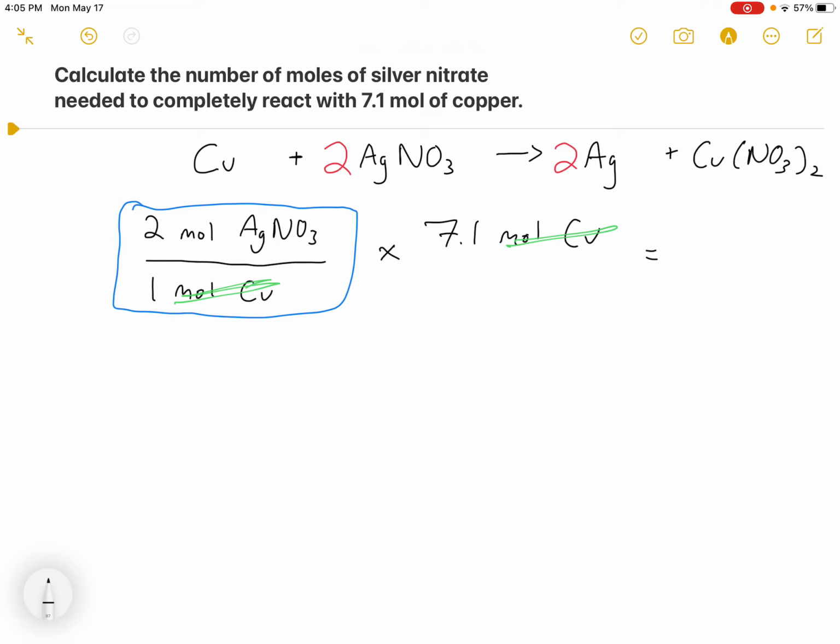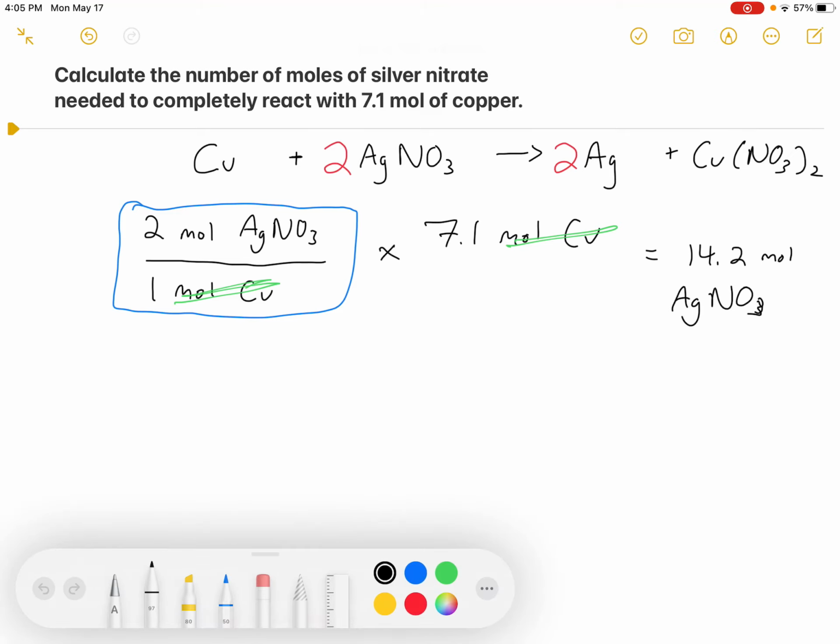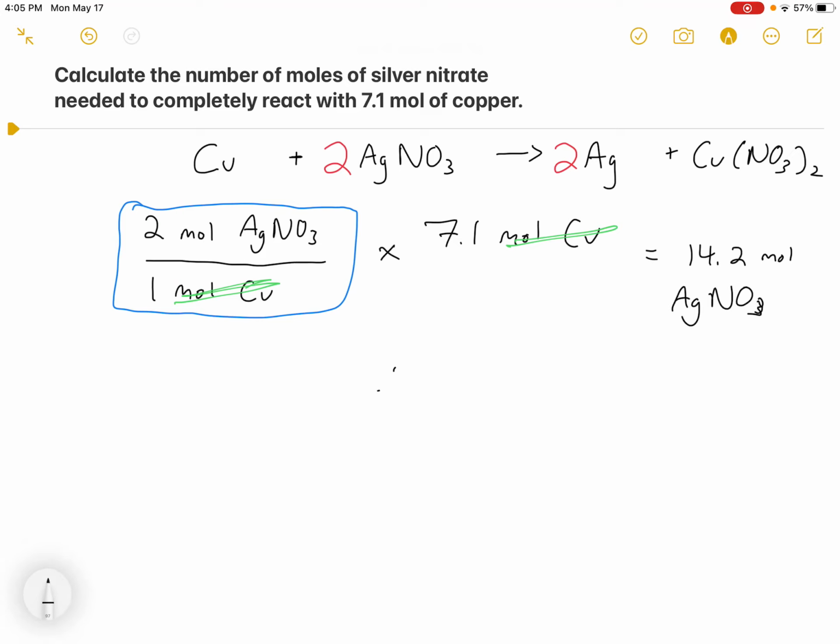So when we multiply these two things together, 2 moles of silver nitrate per every 1 mole of copper times the 7.1 moles of copper that we have for our reaction, we're going to get 14.2 moles of silver nitrate. And then we can just finish off with a therefore statement.